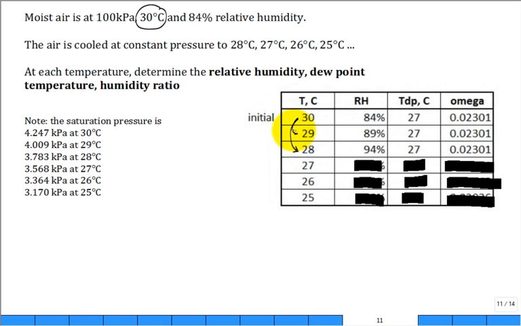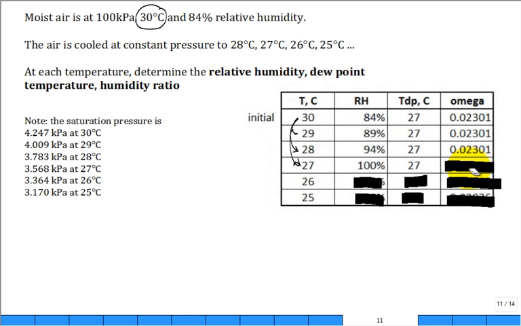All right, now if you drop to 27, that's where you're going. You're dropping to 27. Now, what do you think relative humidity? Who would, not of the three that participated, who would like to do answer A on this one? You would. Guess what? He's right. All right, you're out of the game. Who would like to do the temperature dew point? 27 is correct.